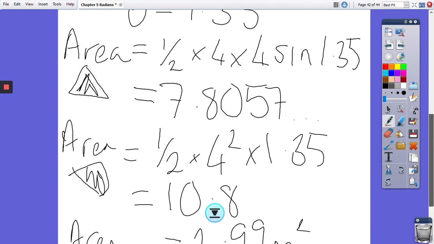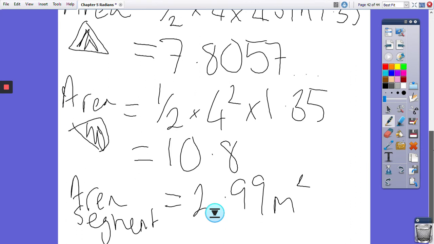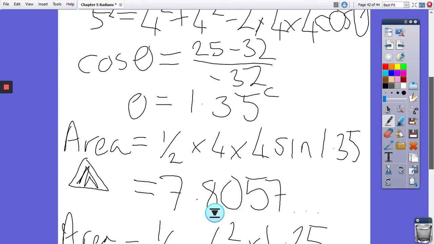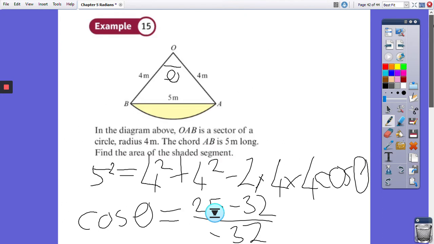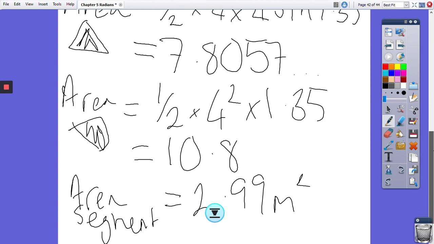When we do the 10.8 minus the 7.8057, you get 2.99. And if you look at the question, it's in meters, so it's meters squared.